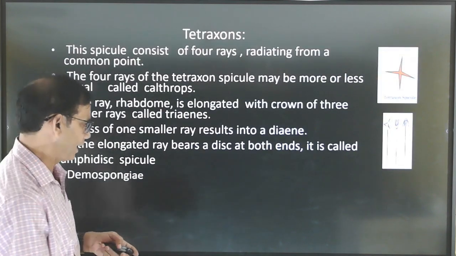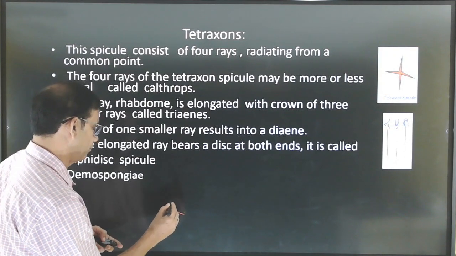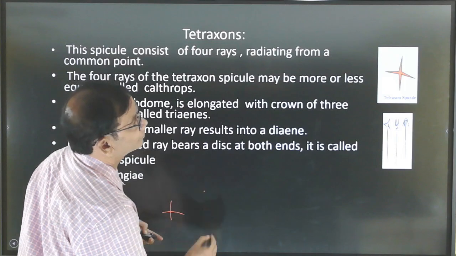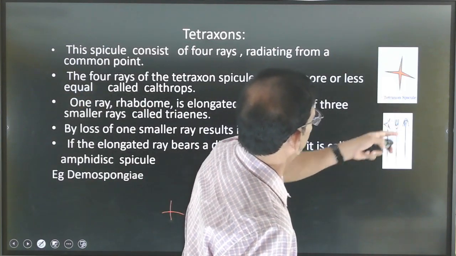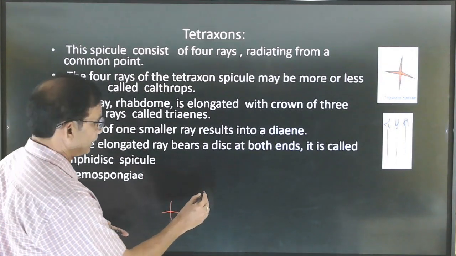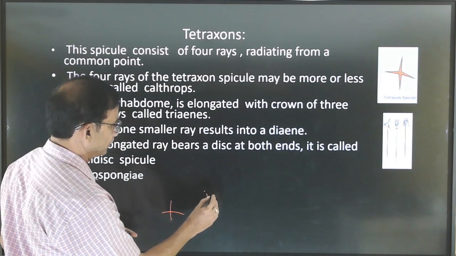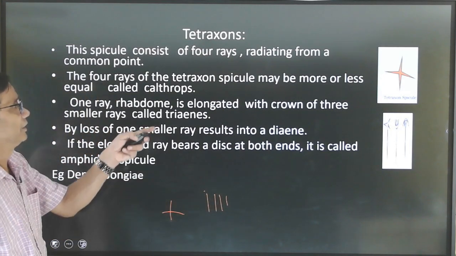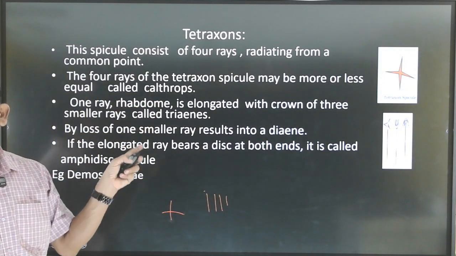In the case of tetraxon, what does it mean? Four, see here, 4 rays. In that case, when all the 4 rays are similar in type, it is called calthrops.